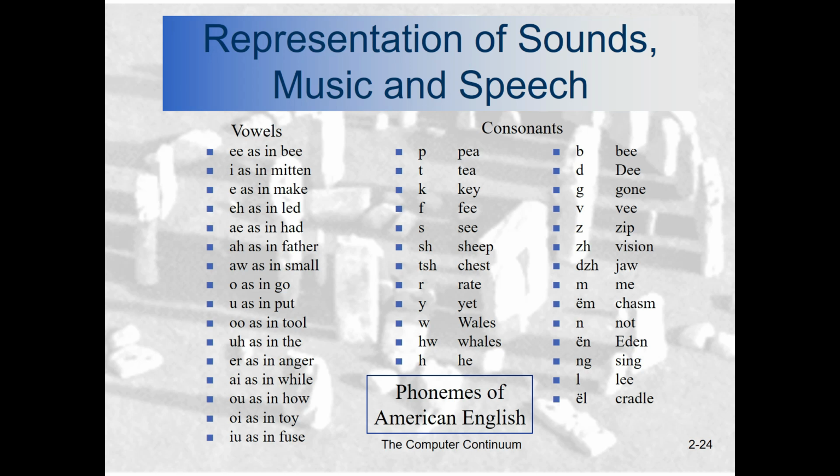If we come to consonants, we have P, T, K, F, C, sh as in chest, R as in rate, Y as in yet, and so many other things. These are the simple phonemes of American English. We can convert these into digital format more easily than any analog signal directly. So these are divided into different phonemes in order to digitize them.